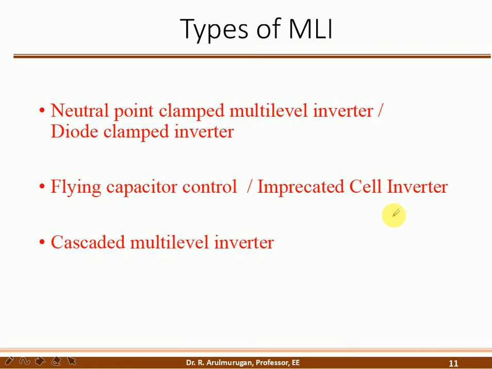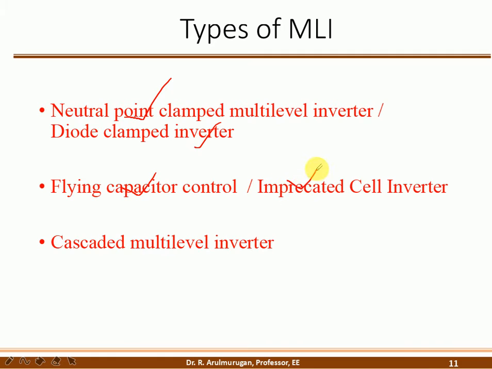Okay, next we go ahead to the types of multi-level inverter. The multi-level inverter is classified into 3 types. One is the diode clamped multi-level inverter, another name is the neutral point clamped multi-level inverter. The second one is the flying capacitor multi-level inverter, also called the implicated cell inverter.